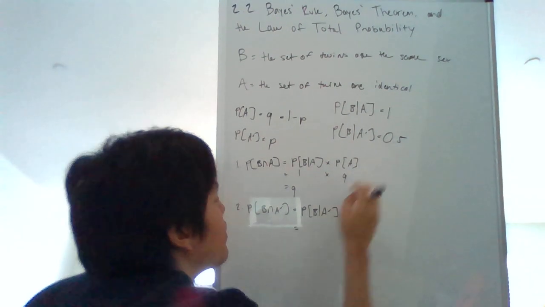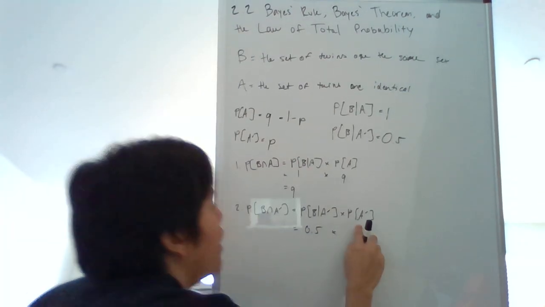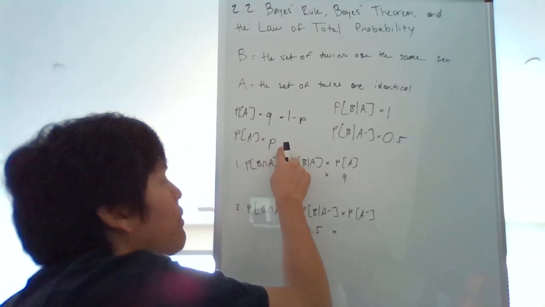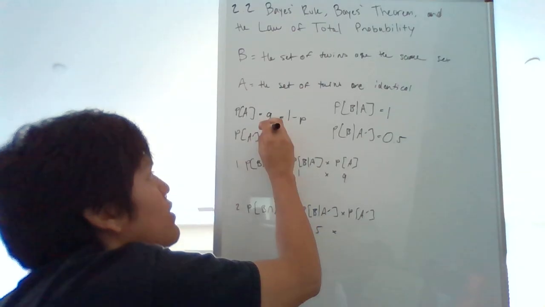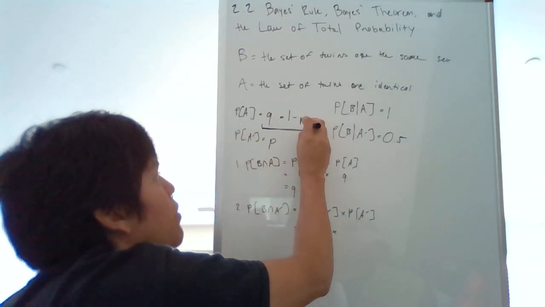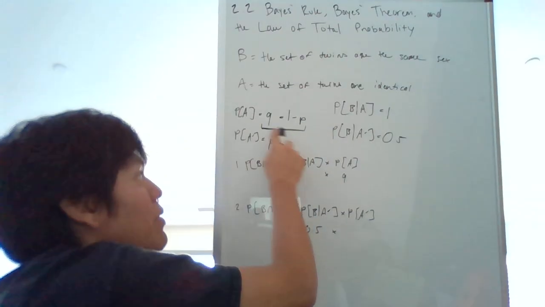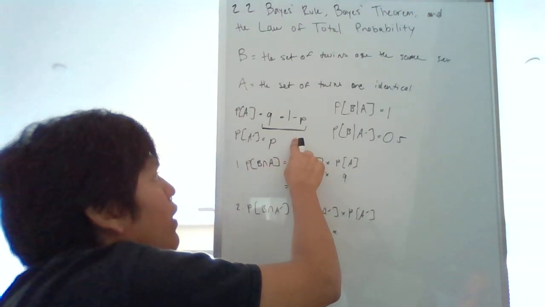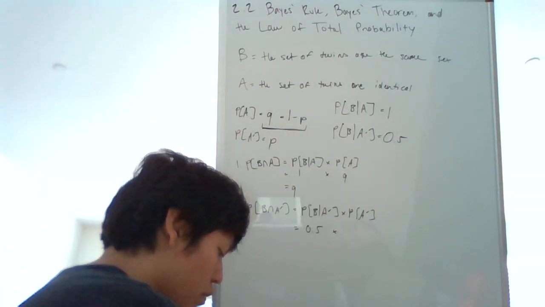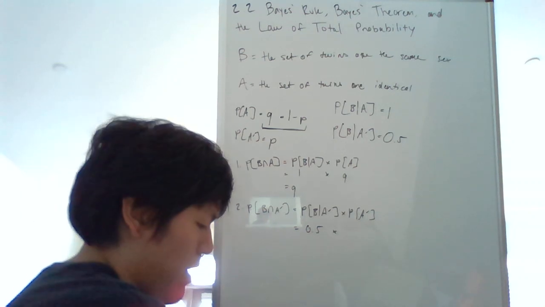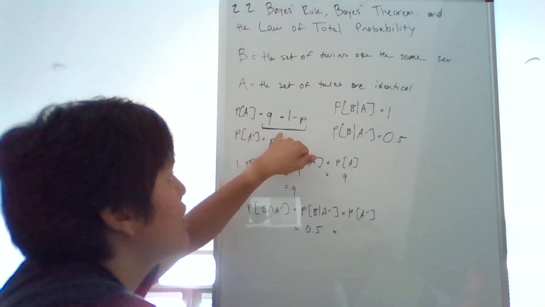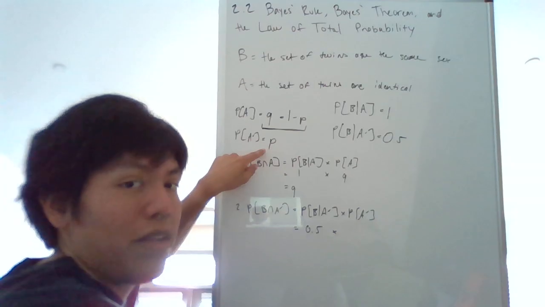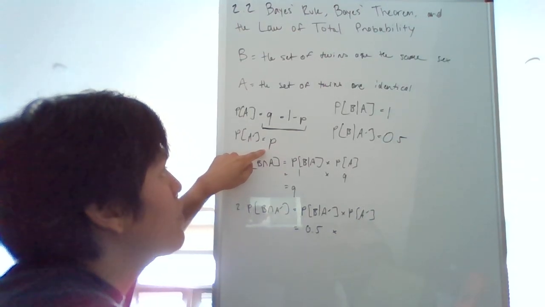B given A complement is just 0.5, and then the probability of A complement is P, but we want the answer in terms of Q. If we want the probability of A complement in terms of Q, because right now it's just P, we need to make this in terms of Q.